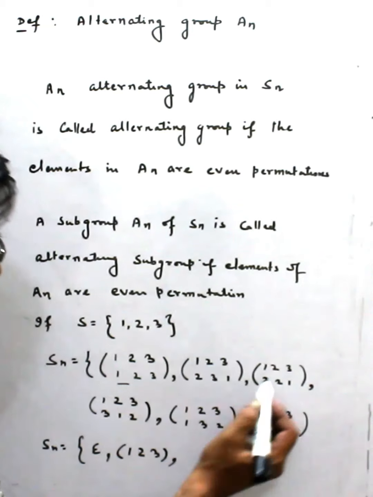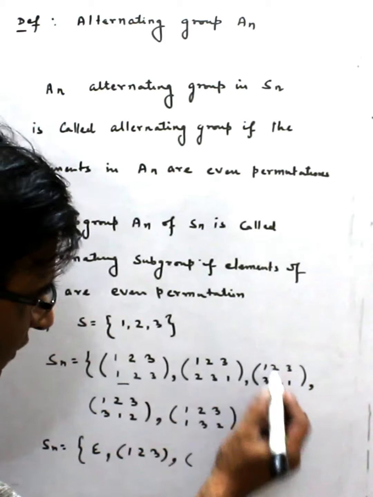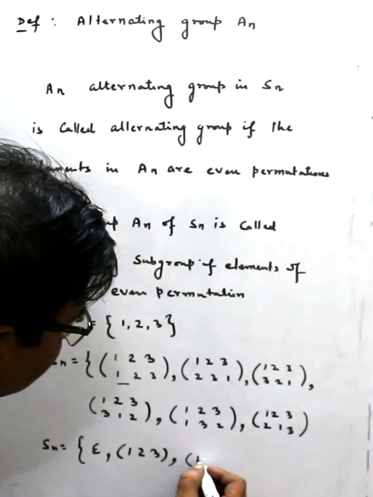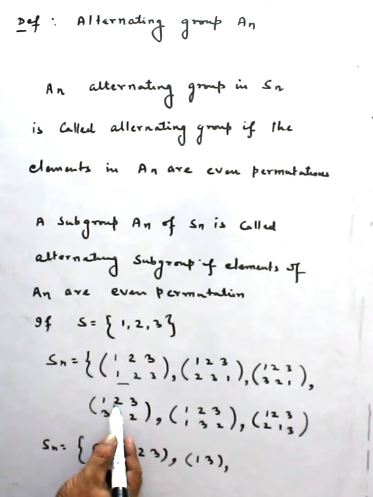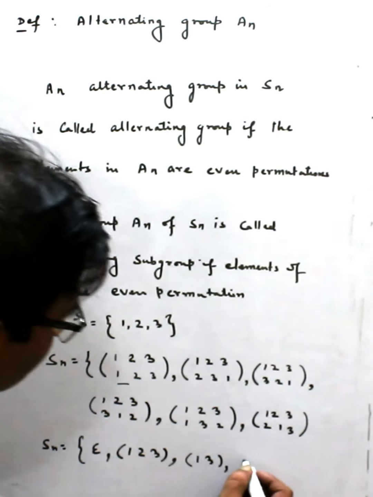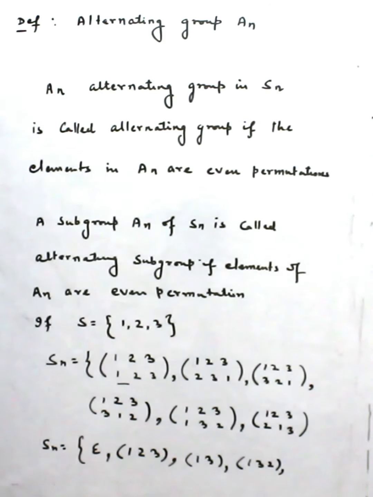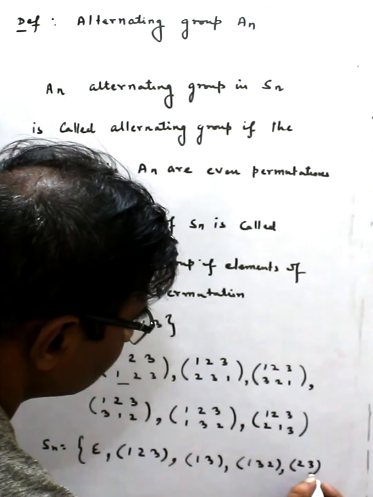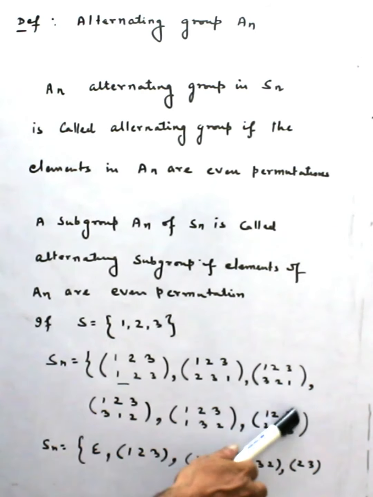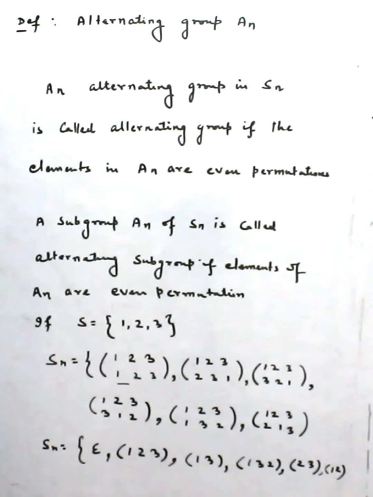And this is 1 goes to 3, 3 goes to 1, and 2 is fixed, so this is 1 3, and this is 1 goes to 3, 3 goes to 2, so this is 1 3 2, and this is 1 is fixed, so it is 2 3, and here 3 is fixed, so it is 1 2.